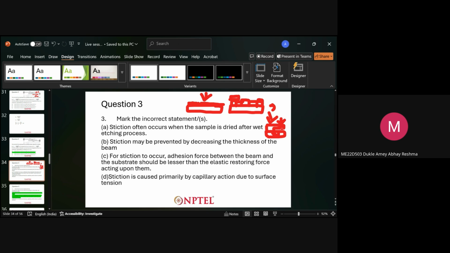So when do you think the stiction will be more? If the beam thickness is very high and it is able to stand on its own, will the stiction be high, or when the beam is very thin and just collapsing on its own?